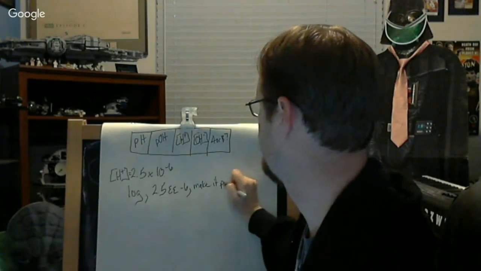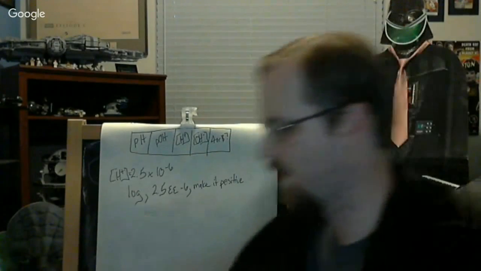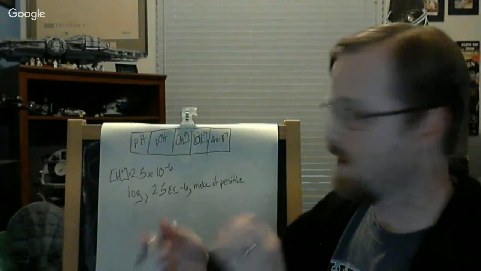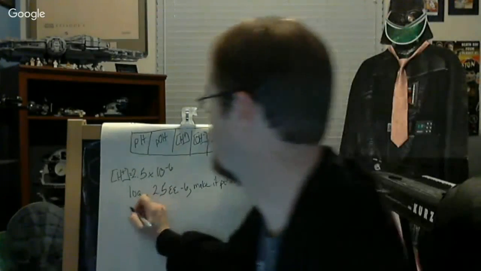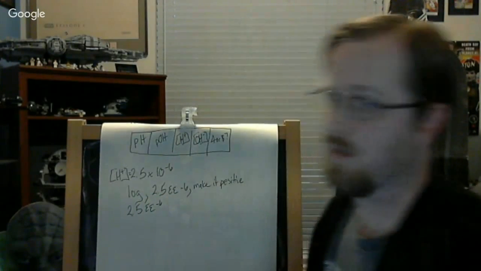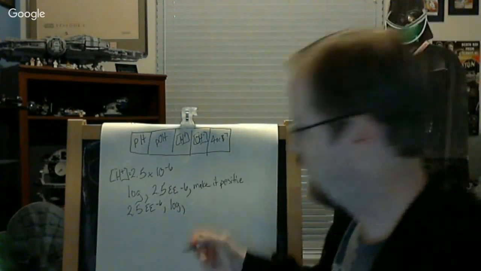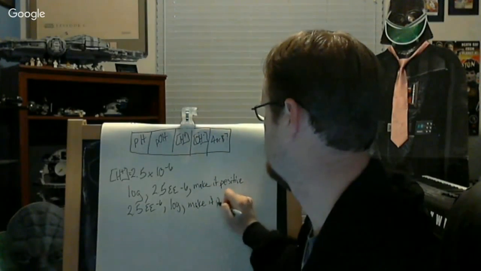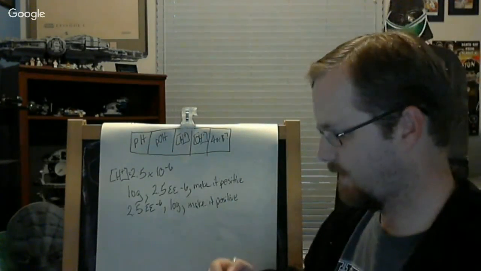So make it positive, because obviously pH has to be a positive number. Okay. Now, let's flip it around the other way. Let's say your calculator works differently. So in that case, what you're going to do is you're going to type in 2.5 EE -6. Then you hit the log button. Then make it positive.